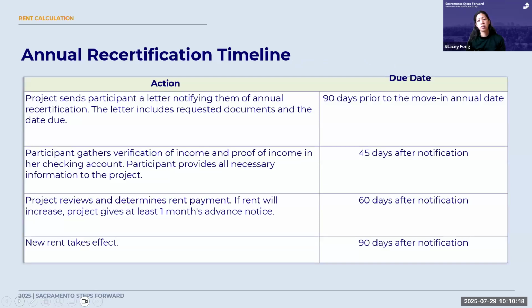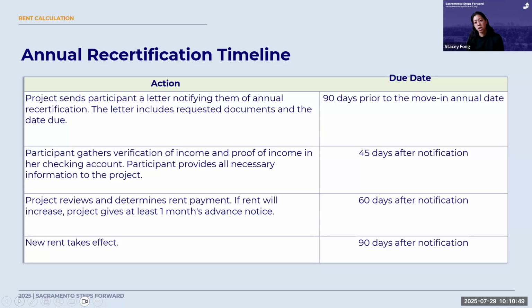Something we don't often talk about is notifying the participant of the recertification. I'm sure most of you already do it, but there should be a general timeline of how you notify your participants, giving them advance notice of a recertification. You should notify them about 3 months before their next annual recertification date.